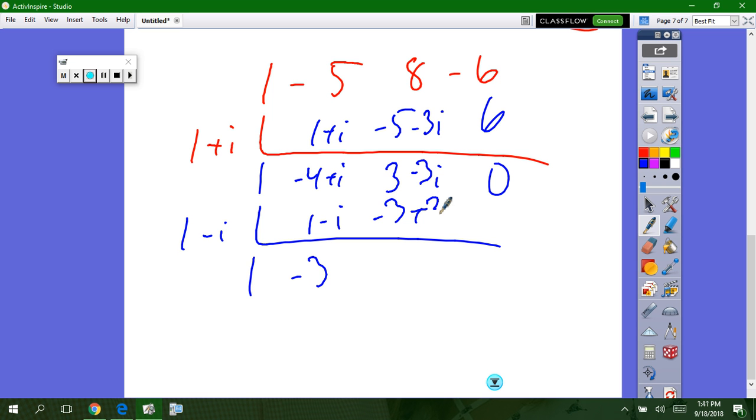Negative 3 plus 3i is 0. So first off, this was x cubed, was it not? So what's this guy? X squared, what's this guy? So there's the last one, where I already had these guys as 0. Okay. So did I just prove the thing that I multiplied through came from the zeros that I had?